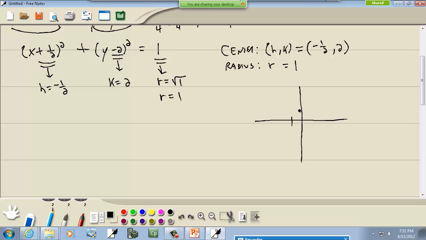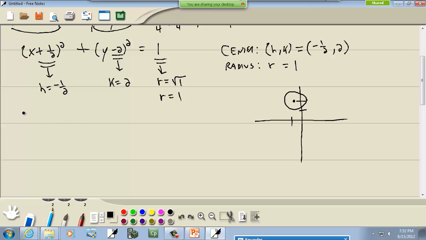Okay, negative 1/2 and 2. So negative 1/2, 2, center will be right there. And we're going to go to a distance of 1. Well, the distance of 1 would be about right here maybe. So go around. I just cannot draw a good circle. But we get that.